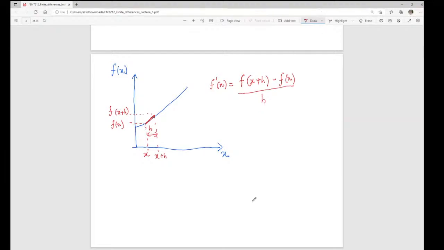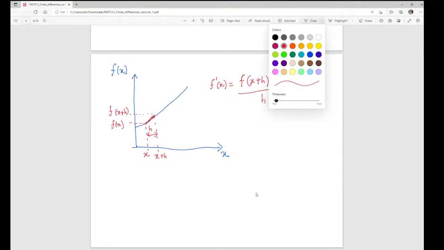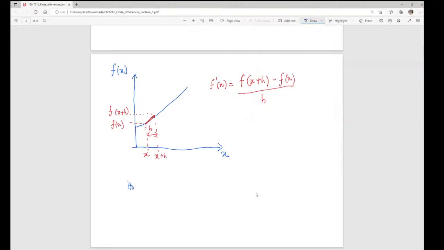So this is basically how we derive the Taylor series. Get the idea?